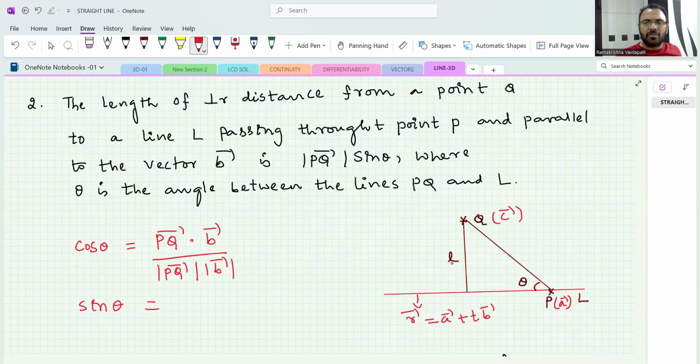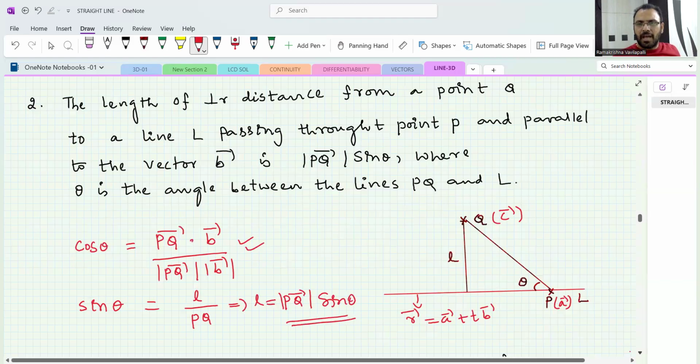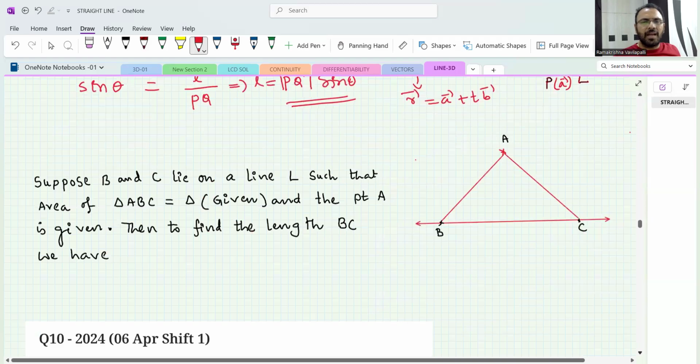Sin theta is equal to the opposite side L by the hypotenuse PQ, where PQ is the distance between P and Q. So L is equal to PQ into sin theta, or modulus of PQ bar into sin theta. Since we have cos theta, from that you can find sin theta. So substitute here.